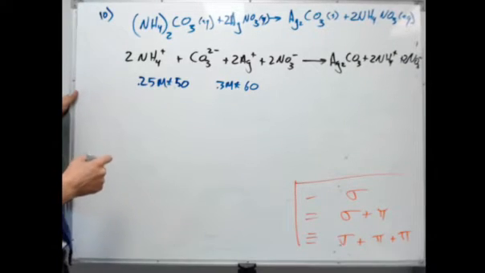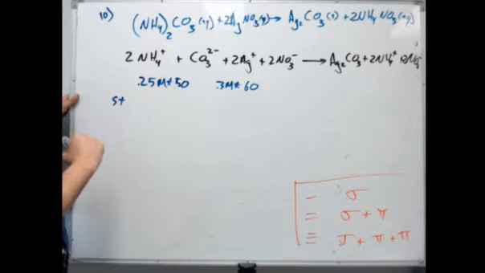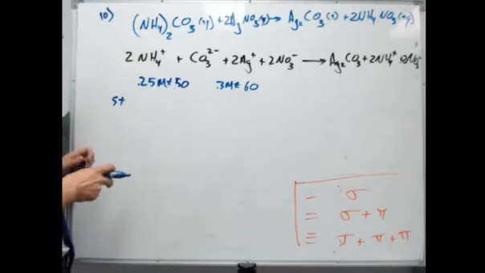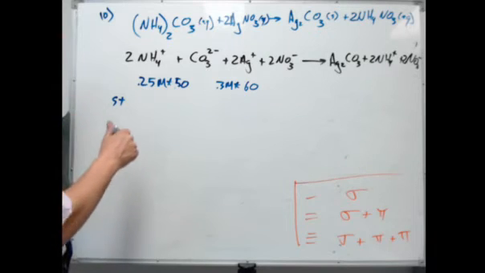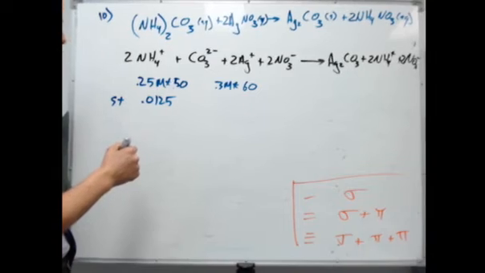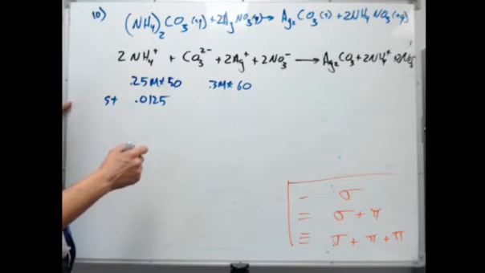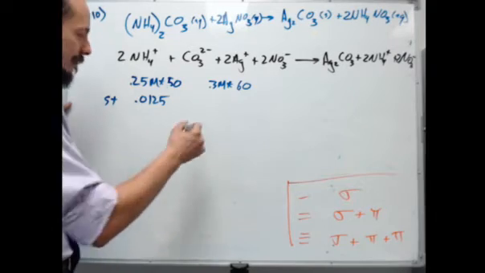0.25 times 50. I like to use millimoles. We won't get into that. 0.0125, I believe. A quarter. Okay. And 0.3 times 0.06 is going to be 0.018.